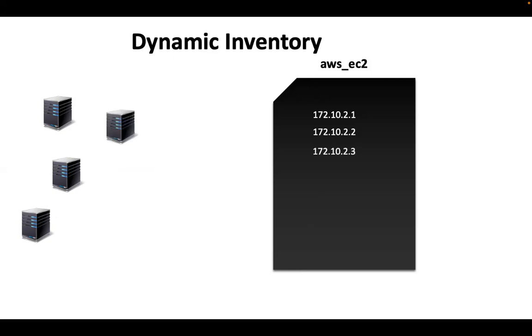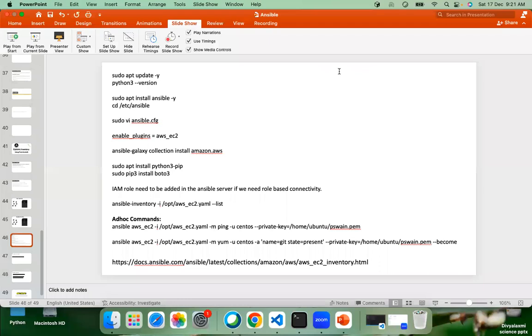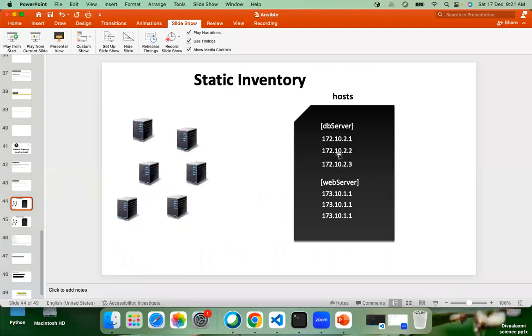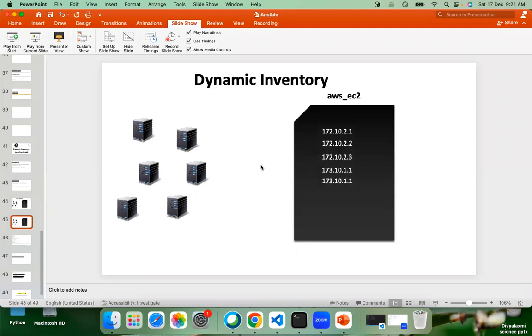In static inventory, whenever you add any server, you have to go to the file and edit it. But in dynamic inventory, it will automatically get added whenever the auto scaling group spins up or spins down any servers.